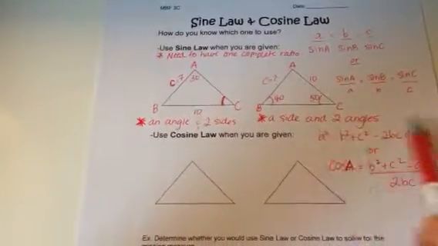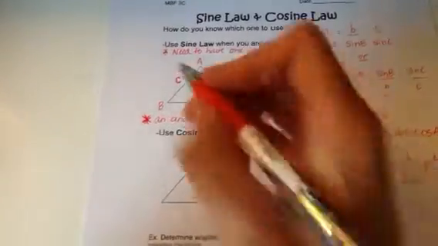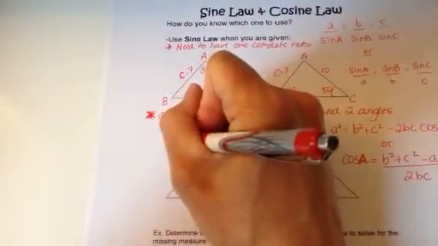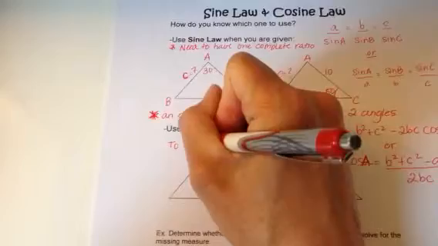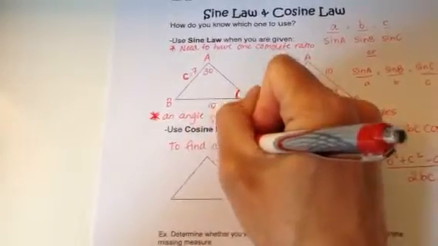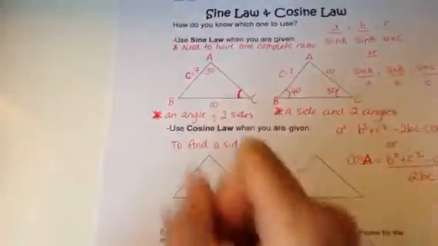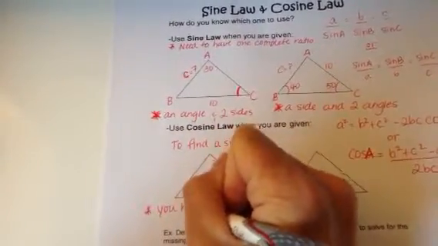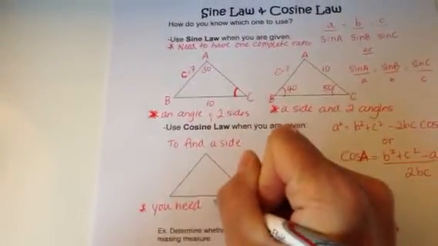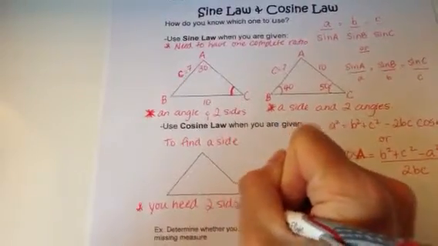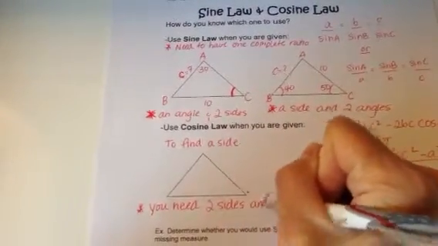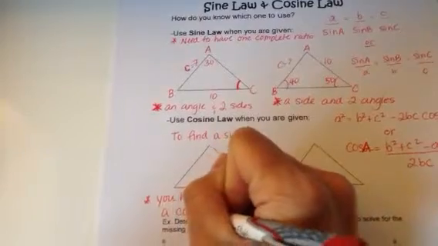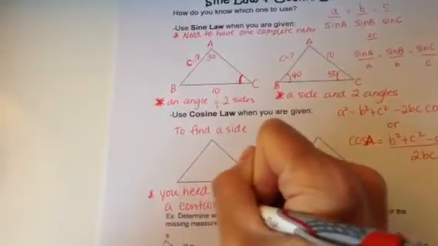So in the first example, if you're finding a side, you need two sides and a contained angle.